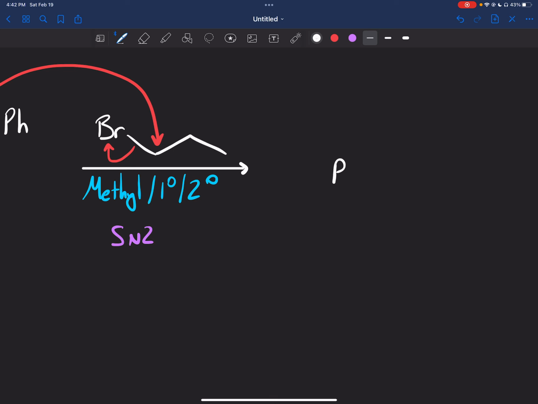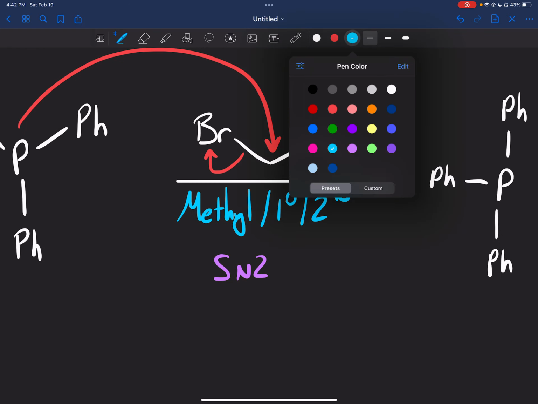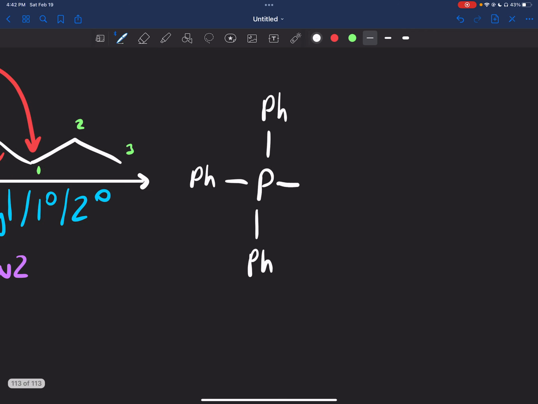We get a phosphorus with its 3 phenyl groups connected to a carbon chain that is 1, 2, 3 carbons in length. 1, 2, 3. Always number if you can't figure out how something looks, and the phosphorus gets a plus.